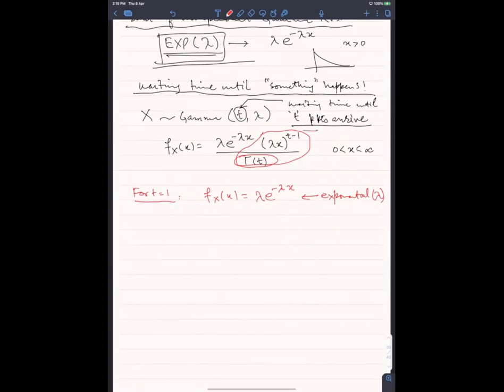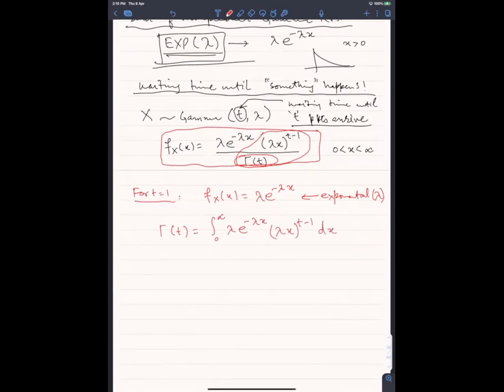I will use the fact that if you integrate this distribution over the entire region, you should get 1. Okay, so integral of fx should be equal to 1, which means that gamma t should be equal to the integral 0 to infinity lambda e to the minus lambda x into lambda x power t minus 1 dx.